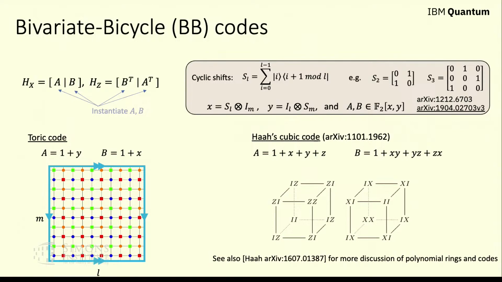So some very nice codes that are probably familiar to a lot of you are contained in this bivariate bicycle class. So for instance, the toric code can be written using polynomials 1 plus y and 1 plus x.